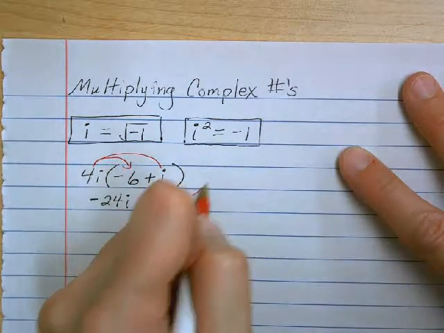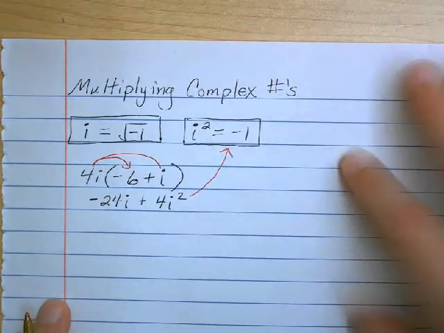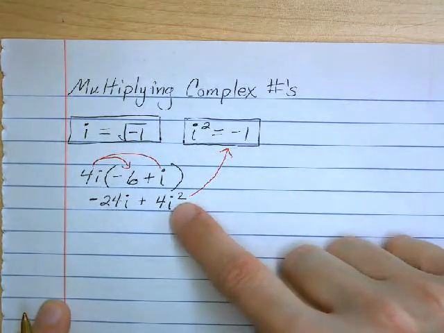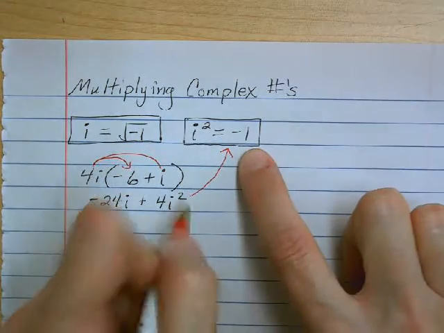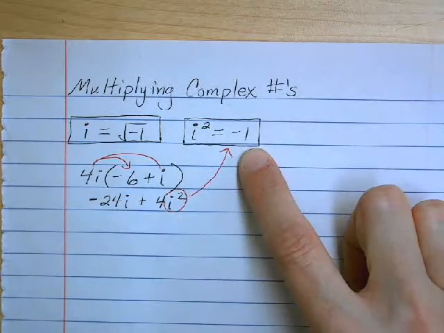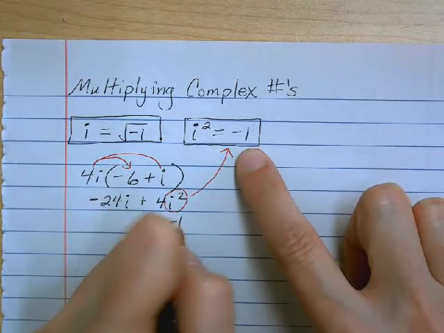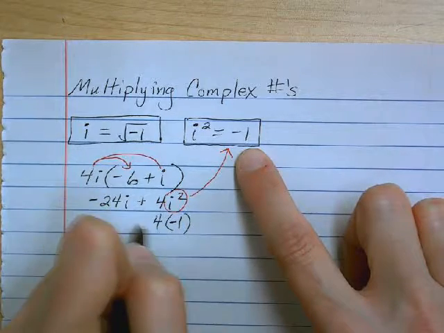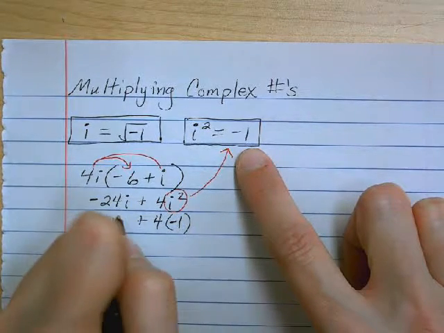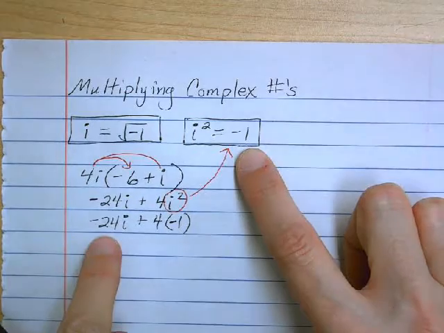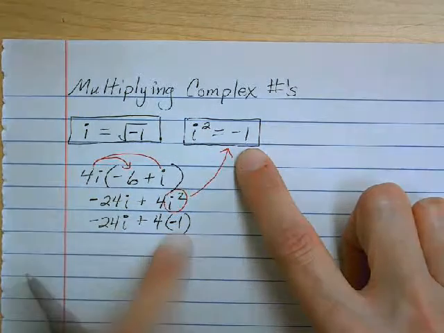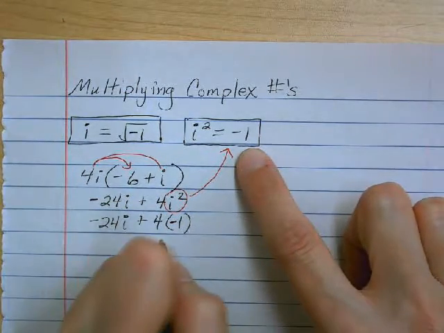Okay, now we're going to use our information at the top. We got an i squared. i squared equals -1. So this i squared in the problem, anytime you get i squared, you can replace it with -1. Okay, so I have -24i plus 4 times -1.